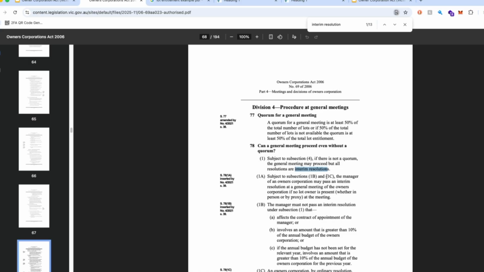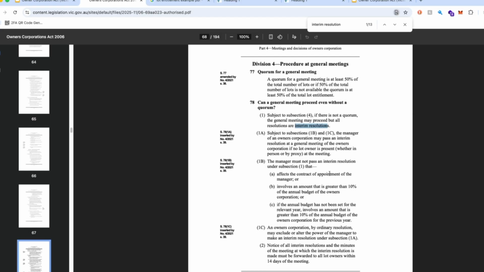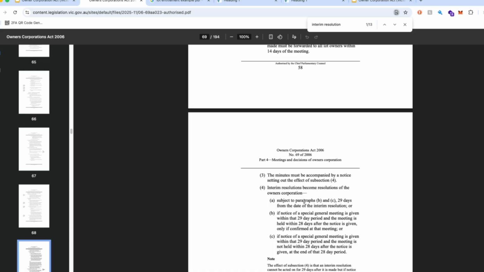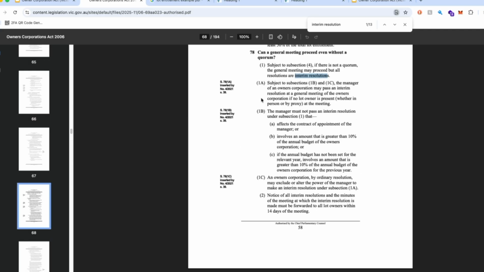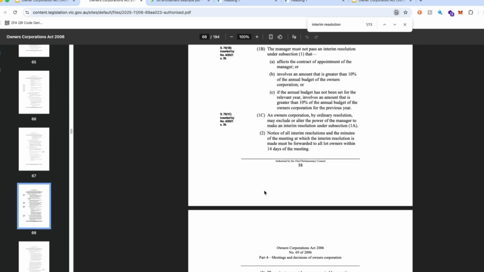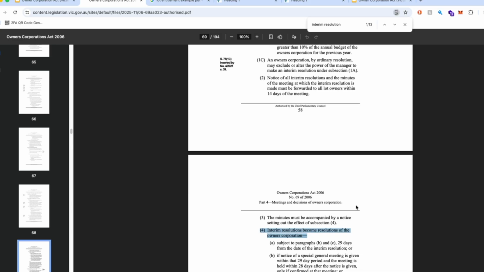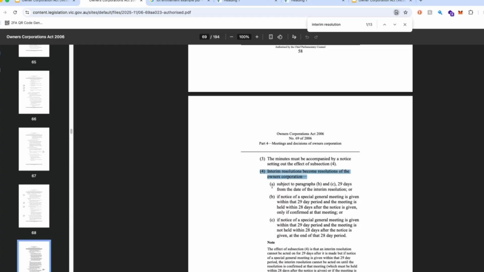Now, what happens from here is that an interim resolution will become effective, right? So section 78(1)(c)(4) here specifies that this interim resolution will become the resolution of the owners corporation, subject to what's specified here, right? So I hope you can see this already, right?